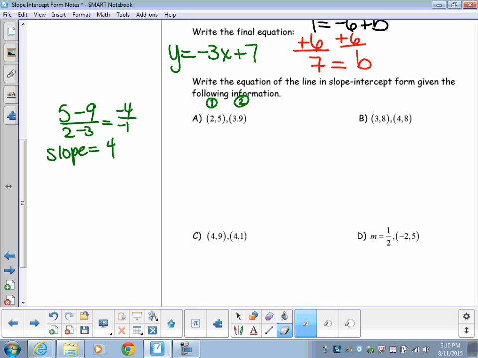Okay, my slope for problem A. My slope for problem A is 4.